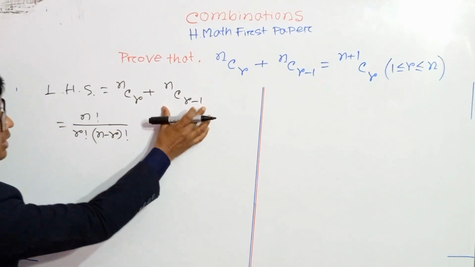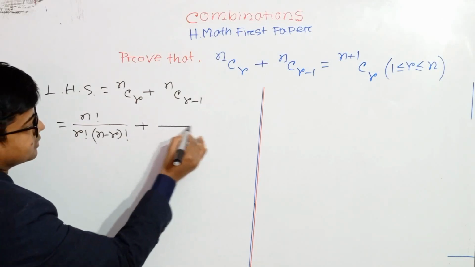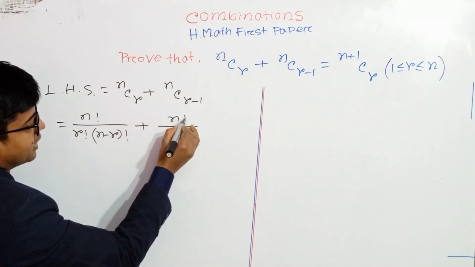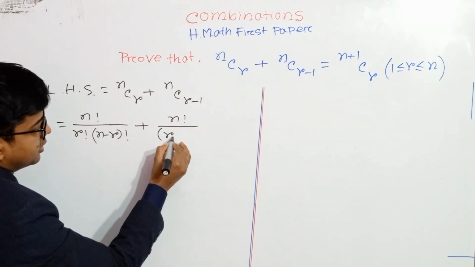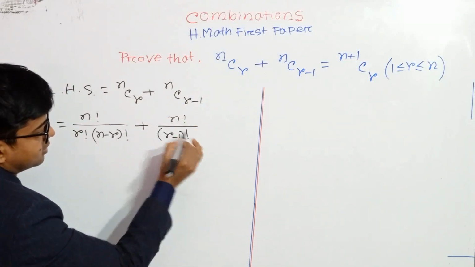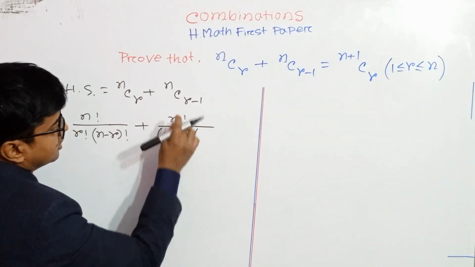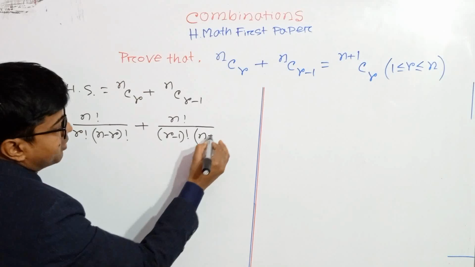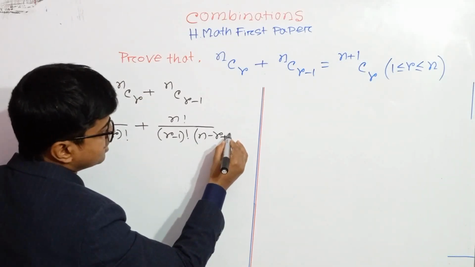Now for this part, plus factorial n by factorial r minus 1 and factorial n minus r plus 1.